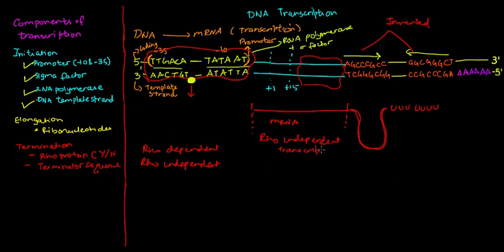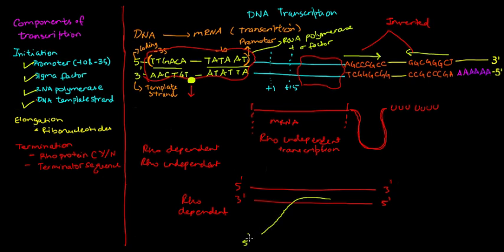Another kind of termination is rho dependent termination. What happens in rho dependent termination is that we have a 5' to 3' and 3' to 5' DNA strand, and this is our mRNA that's being synthesized from 5' to 3'. Remember, the synthesis of mRNA is always from 5' to 3'. An enzyme called Rho is attached to the newly synthesized mRNA strand.